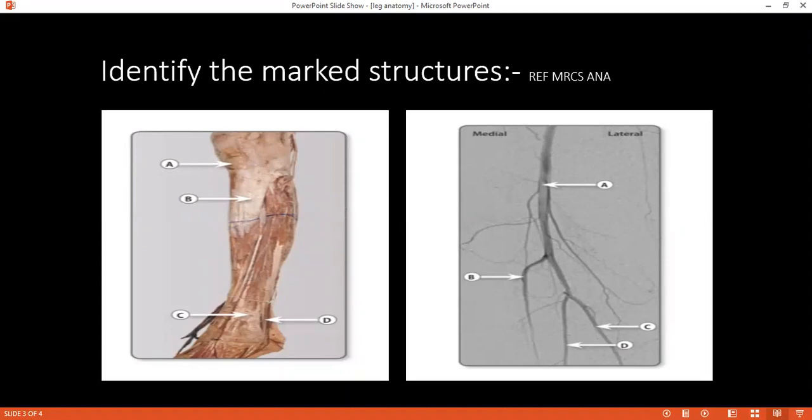Right. What are the vessels that are found deep to extensor hallucis longus muscle? Anterior tibial artery and vein are found deep to this muscle. Okay. Right. If you are asked to demonstrate on a subject tibialis anterior muscle, how would you point it out or how would you identify it?